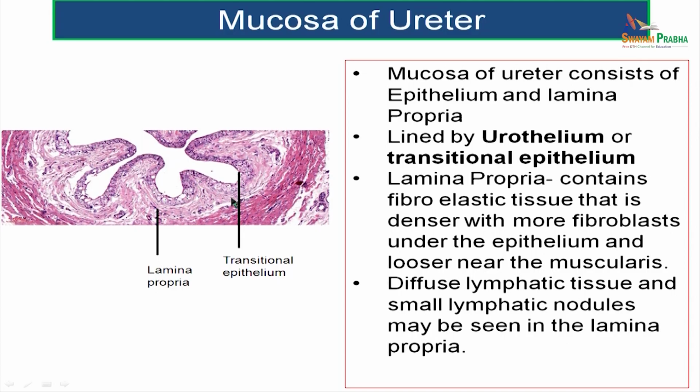The lamina propria contains fibroelastic connective tissue which is very dense close to the epithelium, with more fibroblasts. But near the muscularis, it is loose areolar tissue and not dense. Sometimes you might occasionally observe diffuse lymphatic tissue and small lymphatic nodules in the lamina propria.